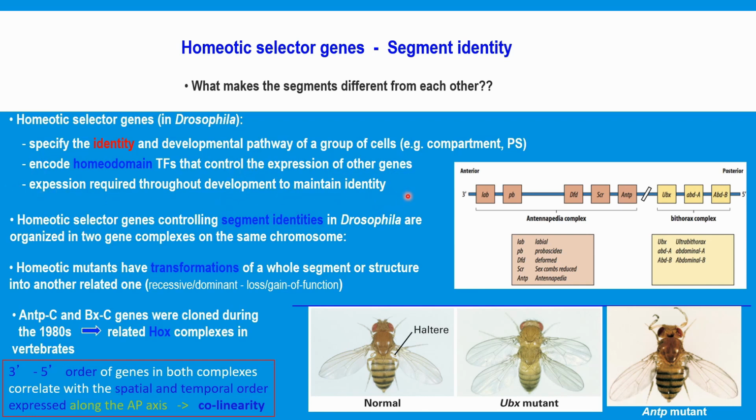to maintain identity. There are two complexes in Drosophila of homeotic selector genes that control segment identities. We have the Antennapedia complex, or Antp-C, shown here, and the bithorax complex, BX-C.